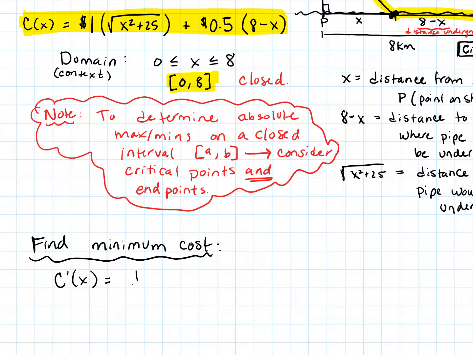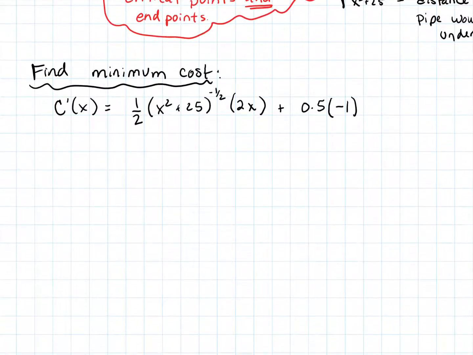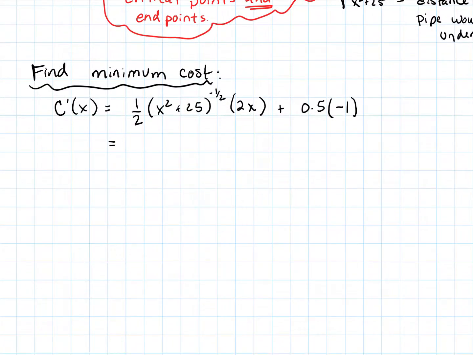The derivative is going to be 1/2 times x squared plus 25 to the minus 1/2 times, chain rule, so times 2x, the derivative of the inside, plus 0.5 times the derivative of 8 minus x, which is just -1. And then I'm going to simplify that. Simplifying that becomes x over the square root of x squared plus 25 minus 1/2. And now I need to find critical points.